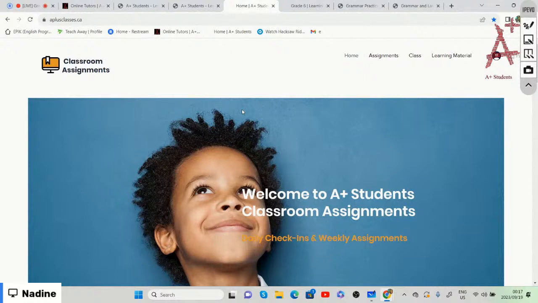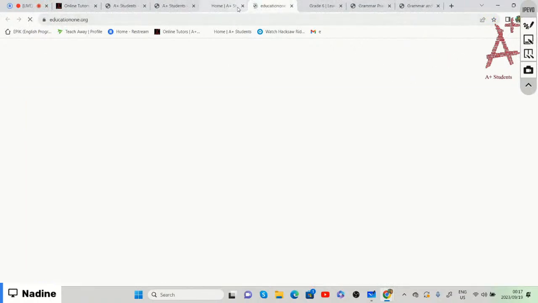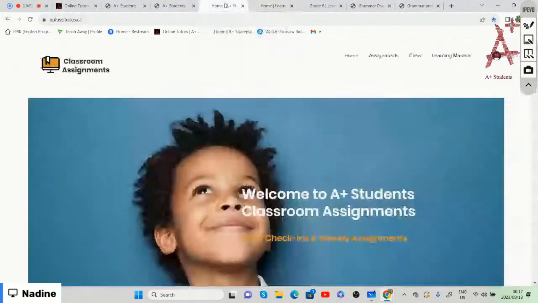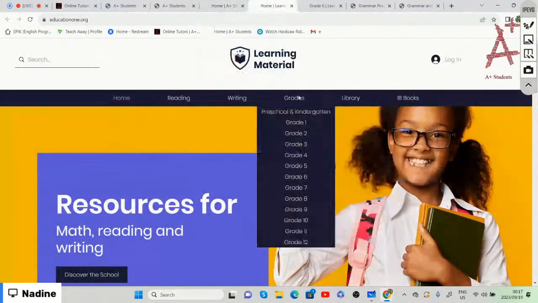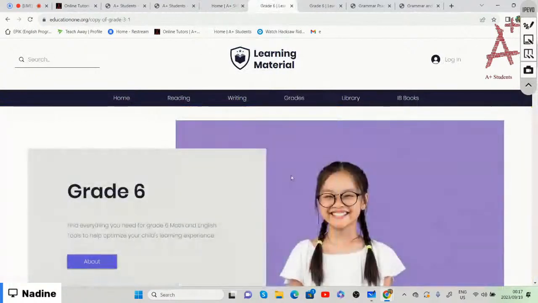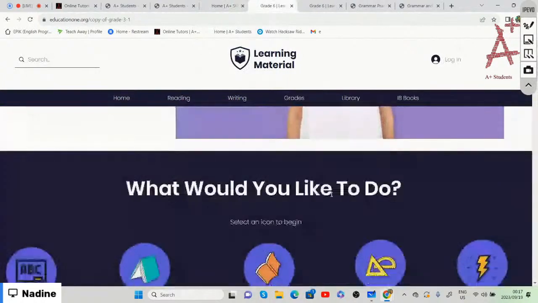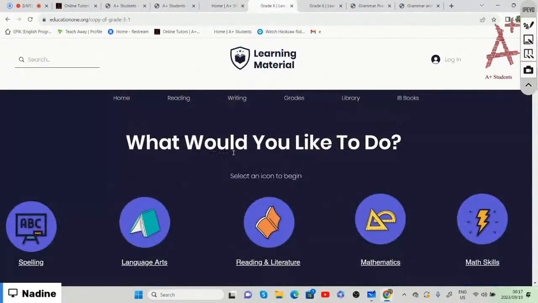Once you've logged in, we're going to learning material. Then we're going to grade and we scroll to grade 6. We scroll down. It says, what would you like to do?